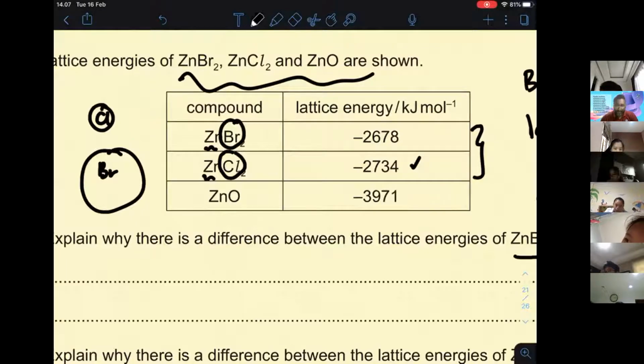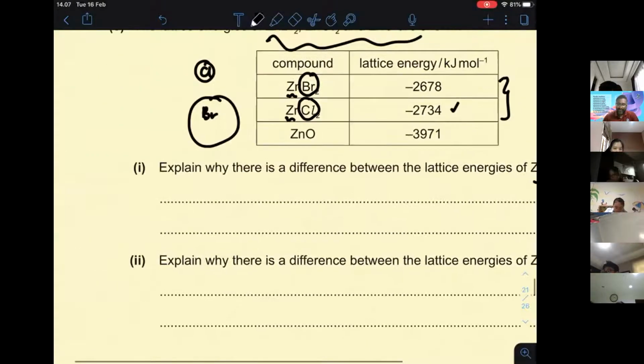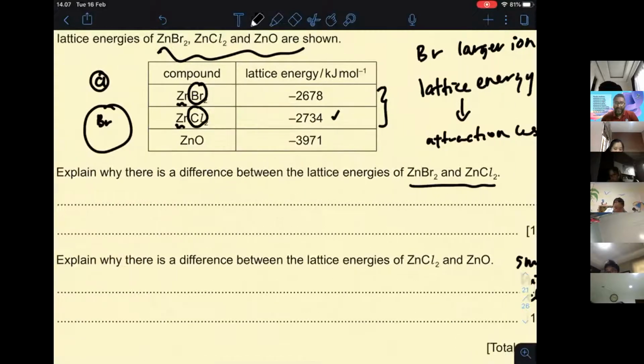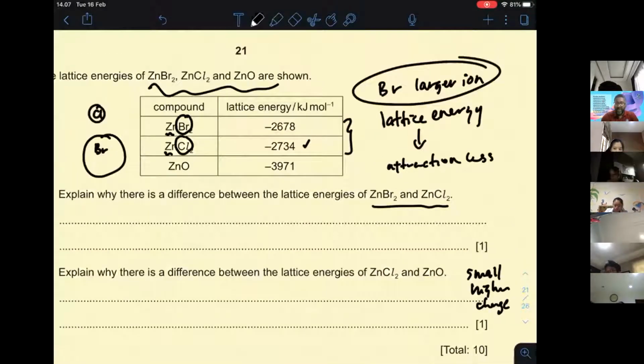So why is there a difference? In your answer, you need to mention the size. So I wrote it over here: Br is going to be a larger ion. That is 1 mark. And then the lattice energy, therefore, will be lower than zinc chloride.